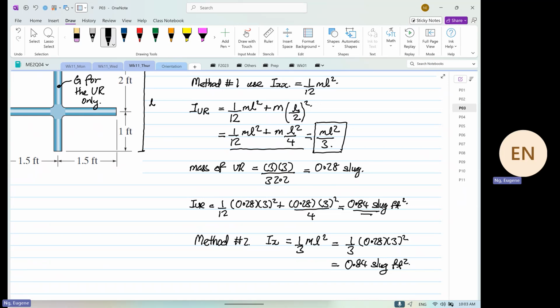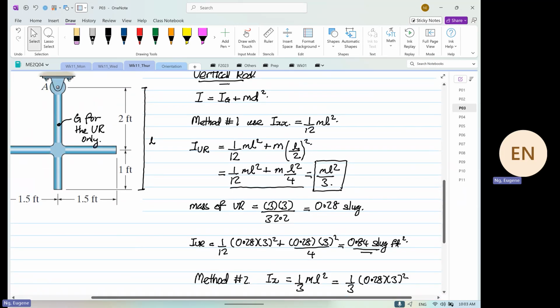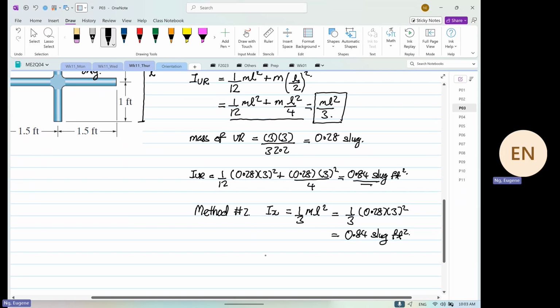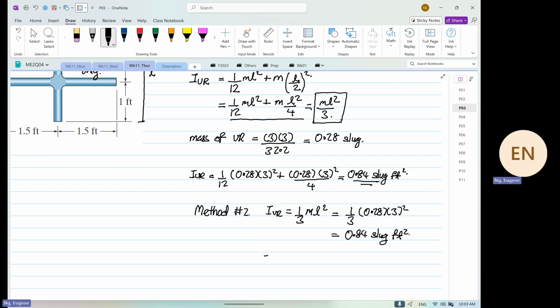The thing is, you have to know when to shift and when not to. You realize when we use this formula, right? Oh, sorry, I should not call it IVR. You realize when I use IVR, we just did 1/3 ml squared. We did not consider what? We did not consider MD squared. Why?